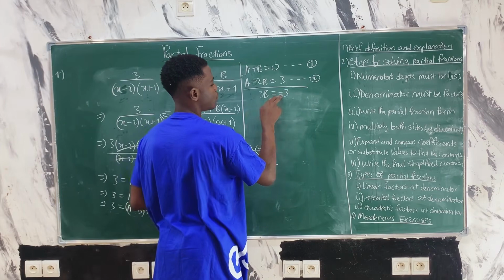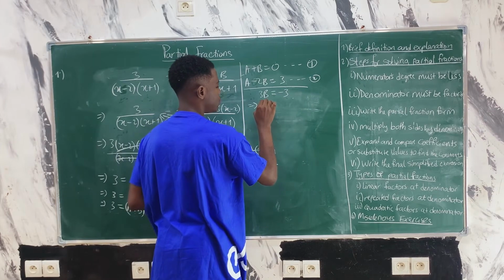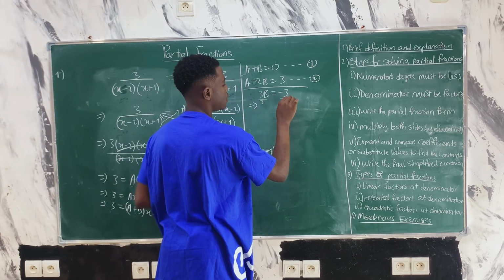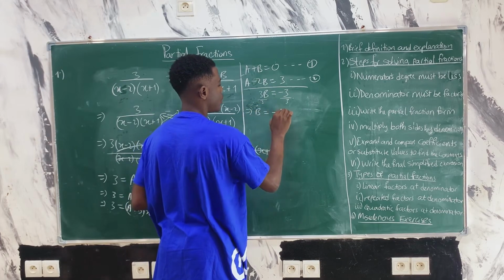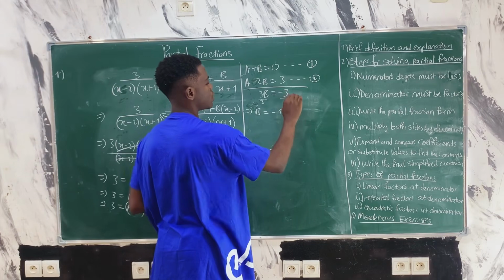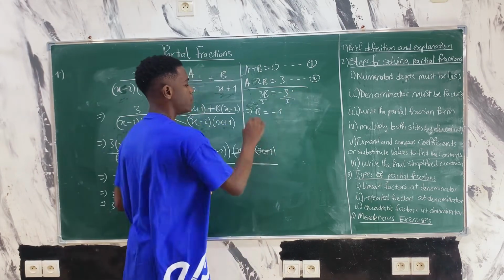So we have 3b is equal to minus 3, which implies if I divide both sides by 3, b will be equal to minus 1, because this will cancel and this will cancel, giving 1. b is minus 1.